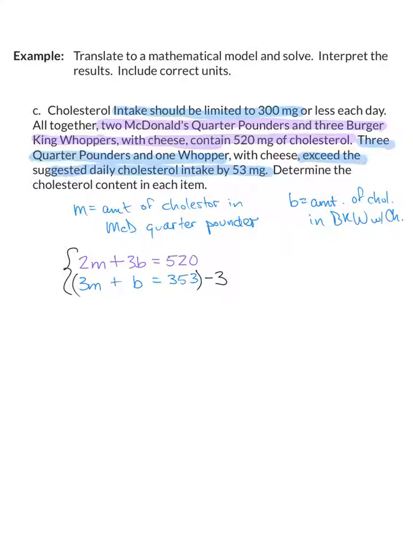So my first equation will stay the same. It's going to be 2m plus 3b equals 520. And my second equation, if we multiply by -3, I get 3 times -3 is -9m. -3 times b is just -3b. And finally we get 353 times -3 is -1059.